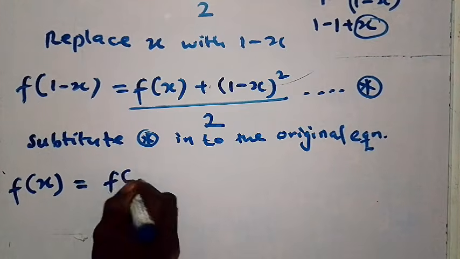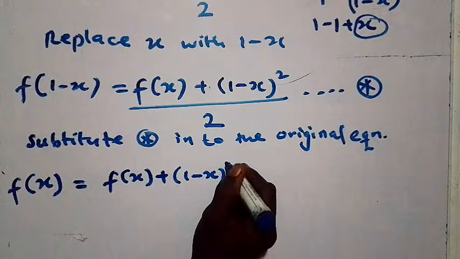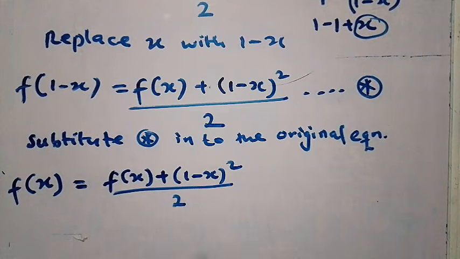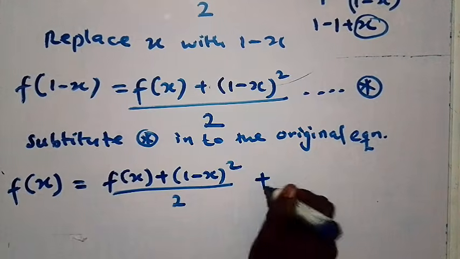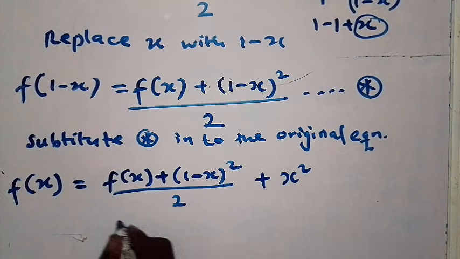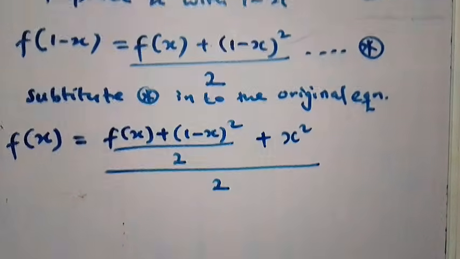Therefore, we have f of x plus 1 minus x squared over 2, plus x squared in the original equation, everything divided by 2.